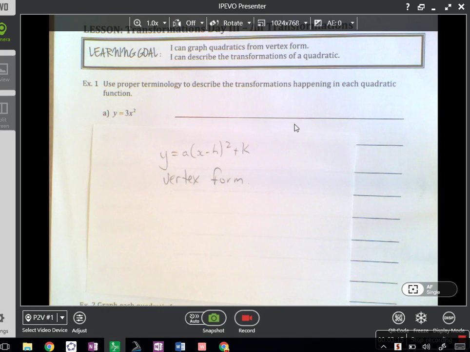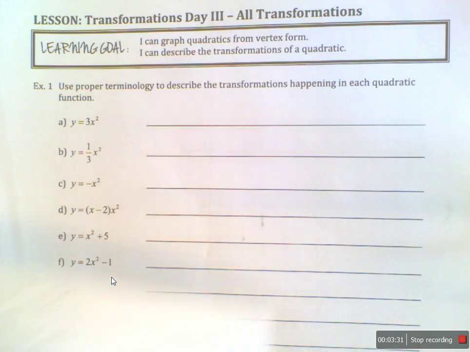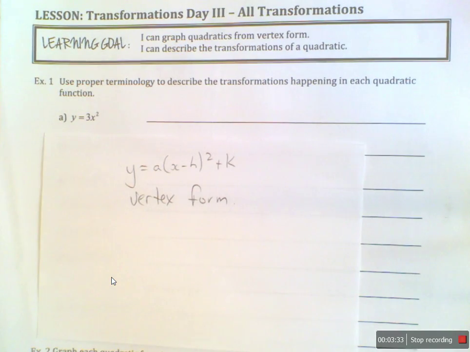So when you look at a new equation, you're trying to decide where are the transformations, what are they, and how are they changing the graph? So always be comparing it back to y equals a times x minus h squared plus k. Let's take a look at the first one. We're just going to describe the transformations. Can anybody tell me, maybe in their own words, what's going on with that first one?